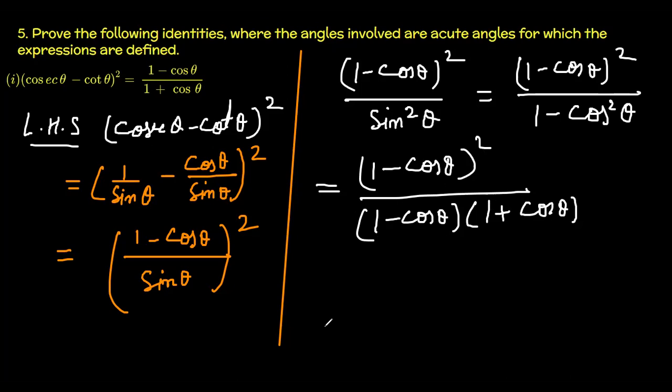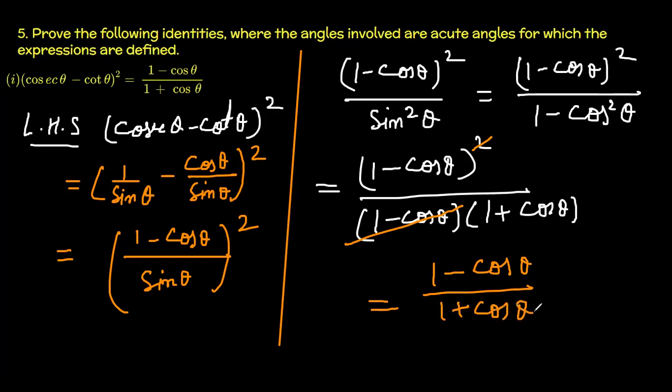Now 1 minus cos theta whole square and 1 minus cos theta, we can cross out. One of the factors gets cancelled. Finally, we arrive at the right hand side, which is 1 minus cos theta divided by 1 plus cos theta.